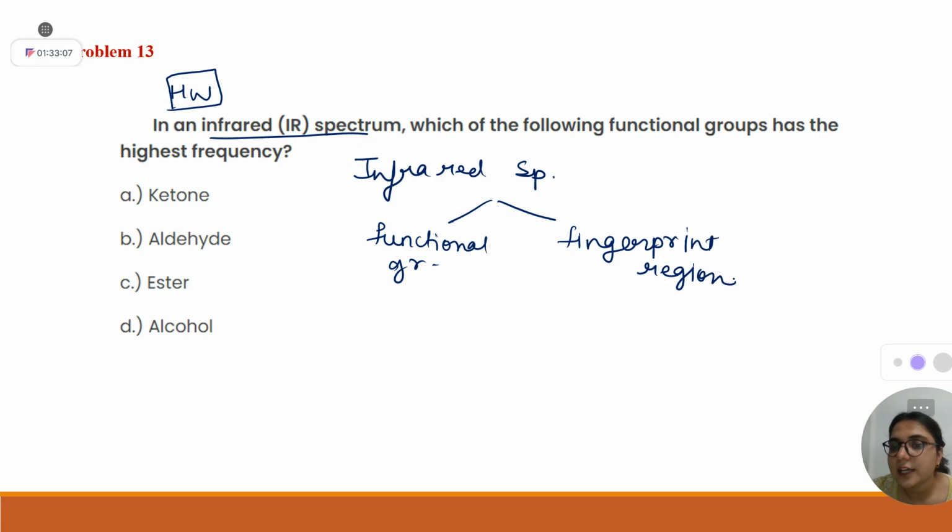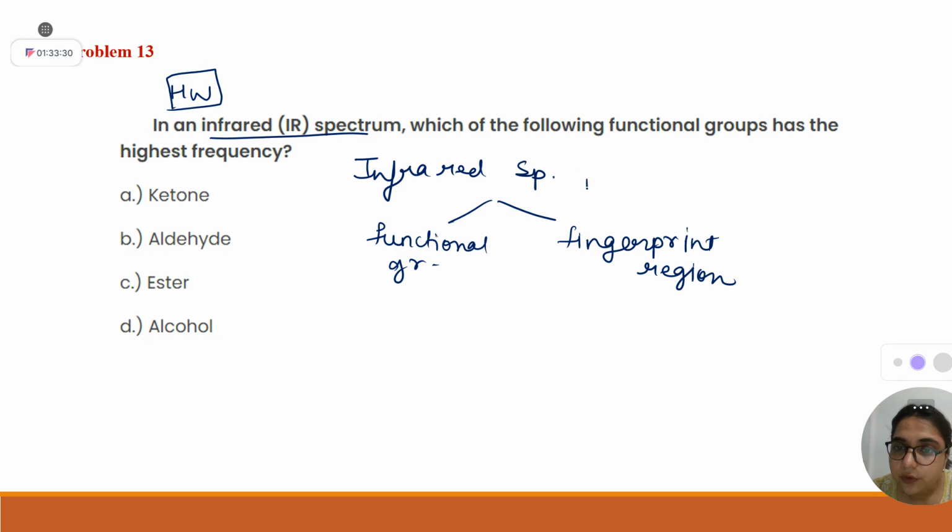IR is also a type of spectroscopy which can help to analyze the structure of your unknown compound. Let's say you are given an unknown compound. You know the NMR technique. Another technique to analyze is infrared spectroscopy, because different functional groups absorb different wavelengths or frequencies. Yes or no?